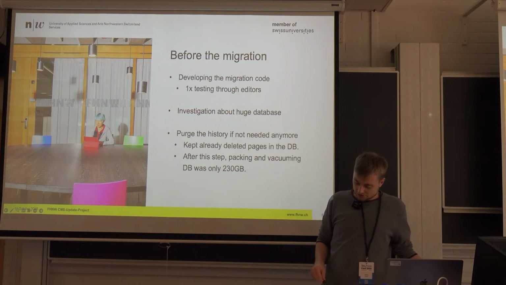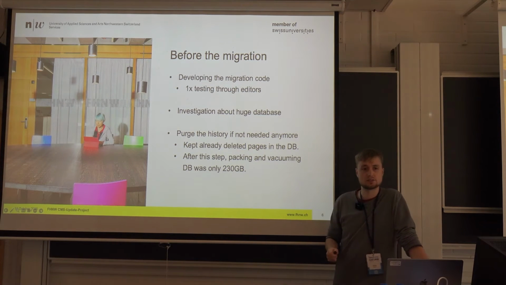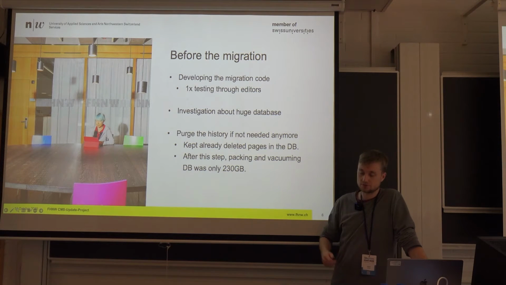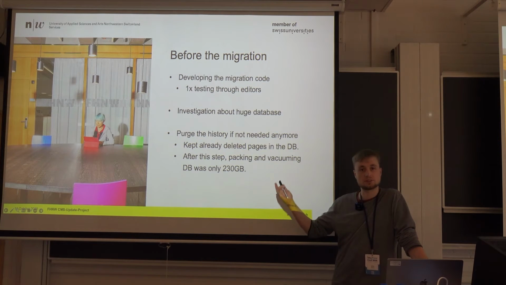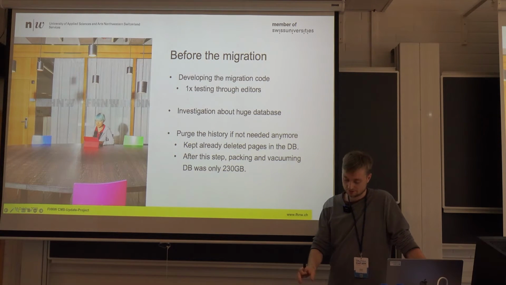In the end, purging the history, we had about 15 history items per content object, and we set it to 5, I think. Yeah. And then purging the history, obviously doing packing and vacuuming as well. And well, the whole database shrank to 230 gigabytes.